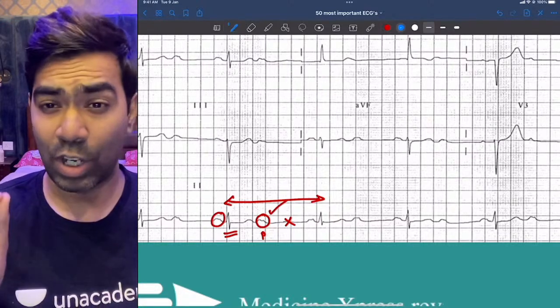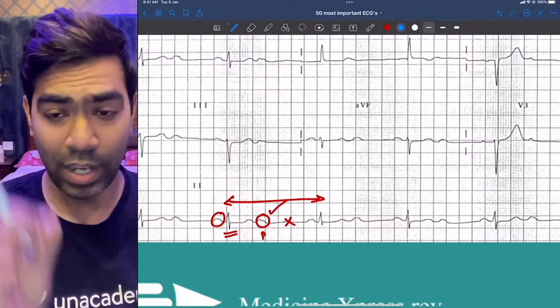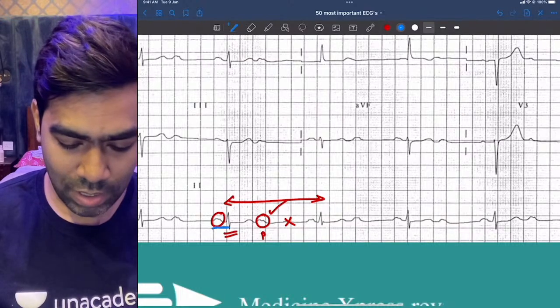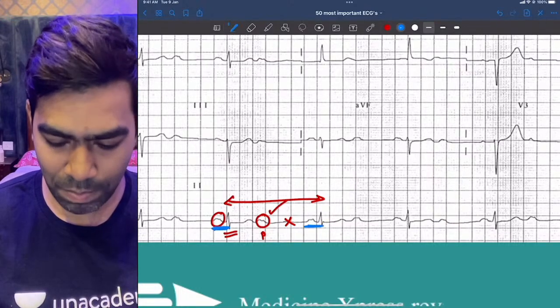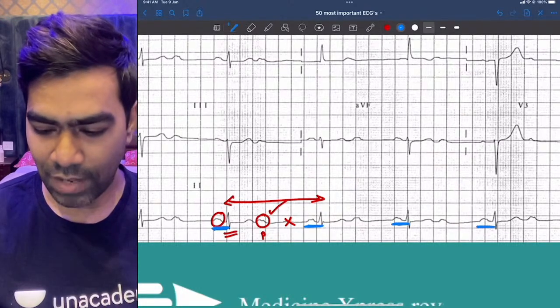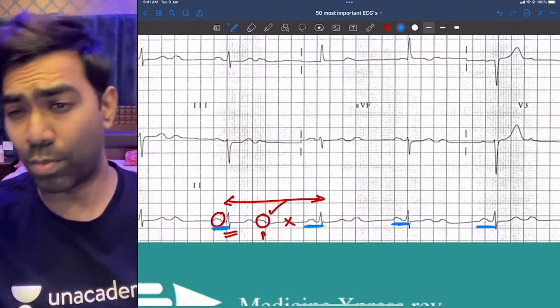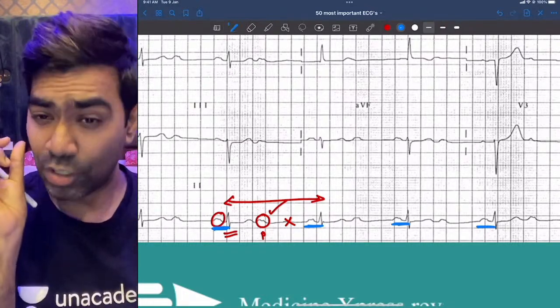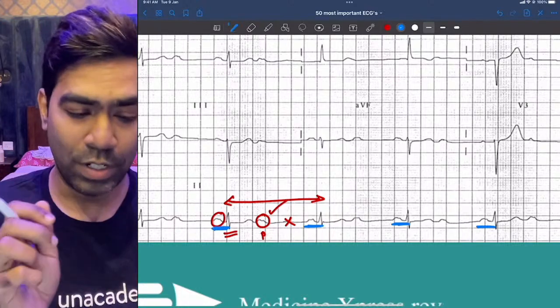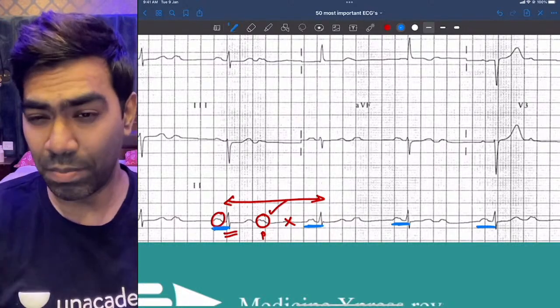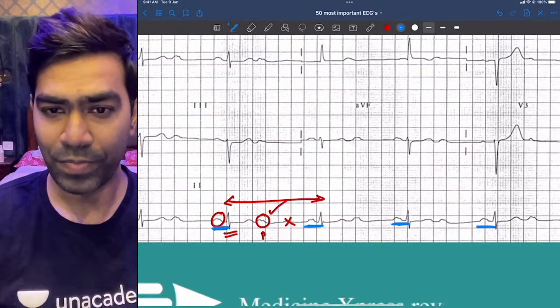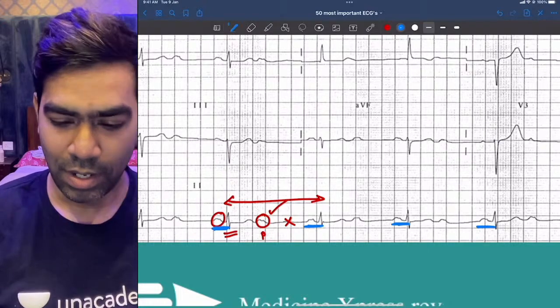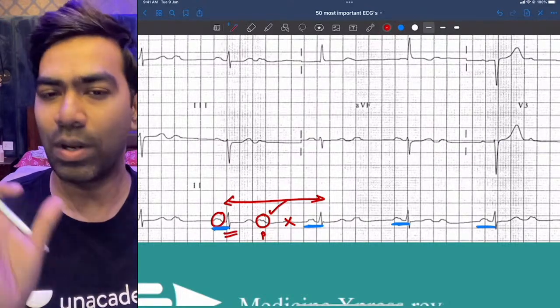And as I told you, one of the quintessential prerequisites for diagnosing Mobitz 2 is a constant PR interval. As you can see, whatever the PR is in this EKG, it's having a constancy. I'm not talking about a prolonged or a short PR, I'm not talking about the length of the PR. I'm telling whether it is constant or varying. In Mobitz 1, it will be a varying PR interval, whereas in Mobitz 2, it will be a constant PR interval, and in between there will be one missed beat.